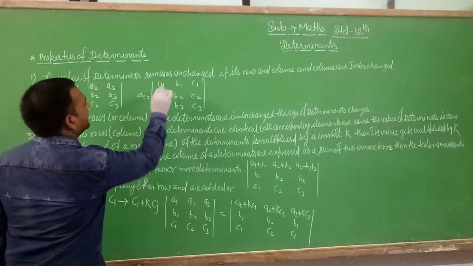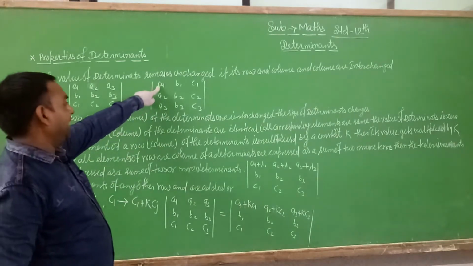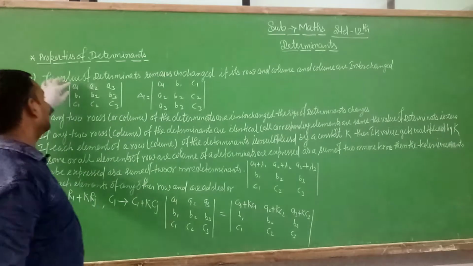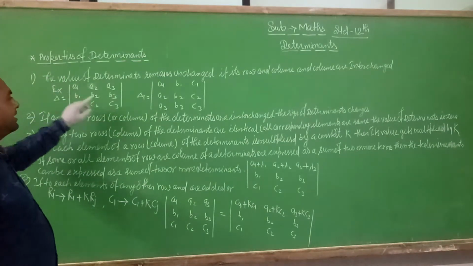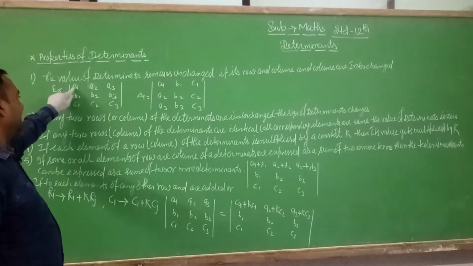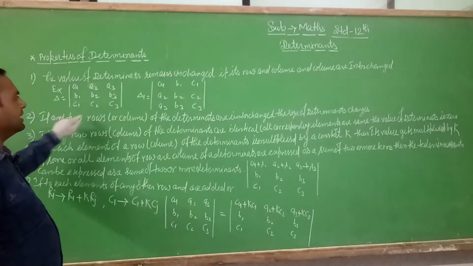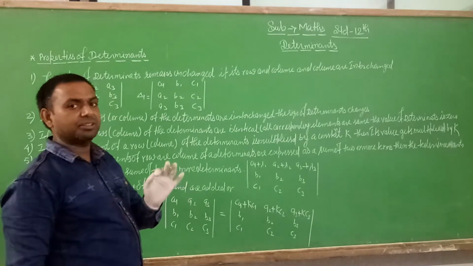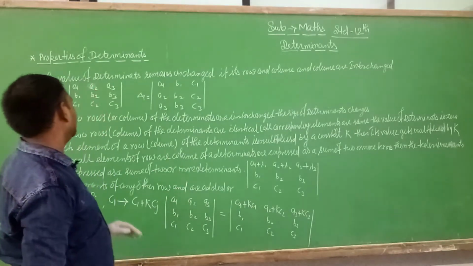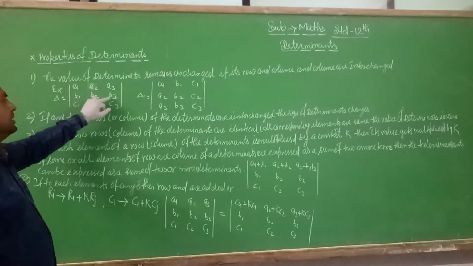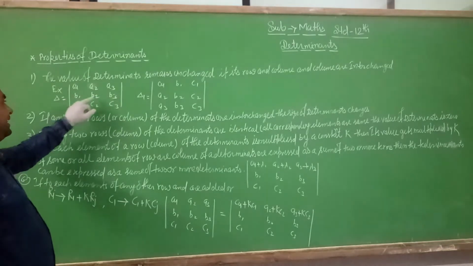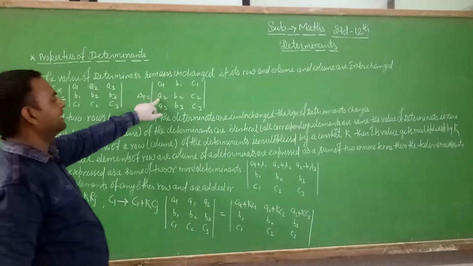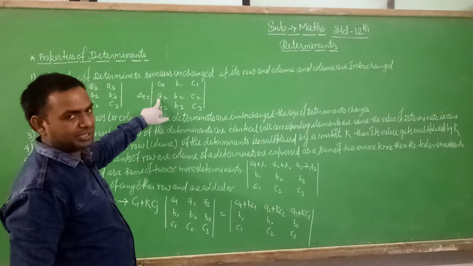Here you can see that we interchange the columns and convert them into rows. A1, B1, C1 is the first column, but in the second determinant A1, B1, C1 is the first row. The second column is A2, B2, C2, so the second row is A2, B2, C2.